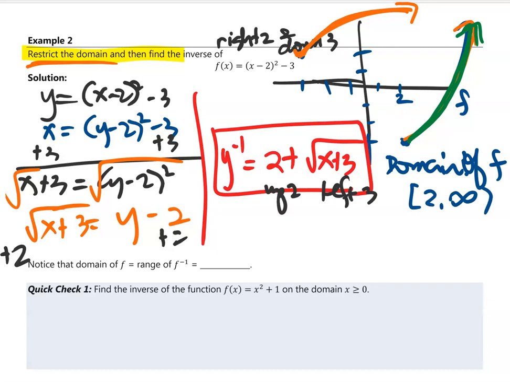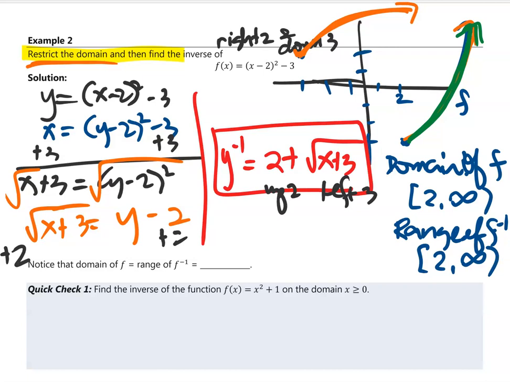So meaning, since you are switching x and y, remember from one of the sections that we discussed, the range of the inverse is also from 2 to positive infinity.